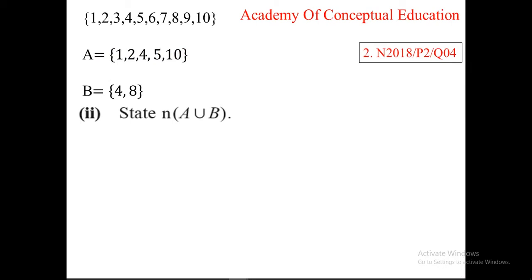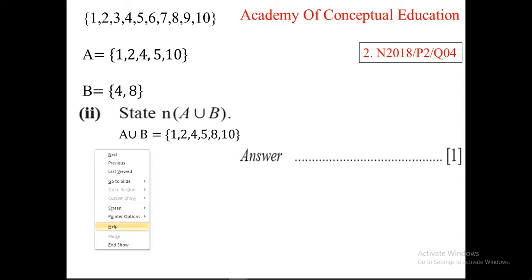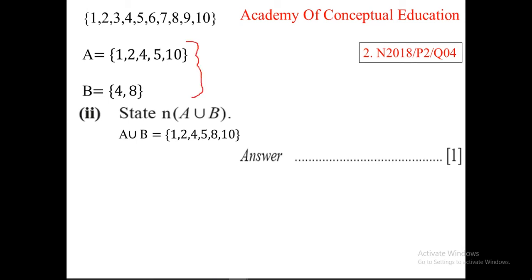Now state the number of elements of A union B. First of all, we will find A union B. A union B means we have to write all the elements of A and all the elements of B. So it will be 1, 2, 4, 5, 8, 10.